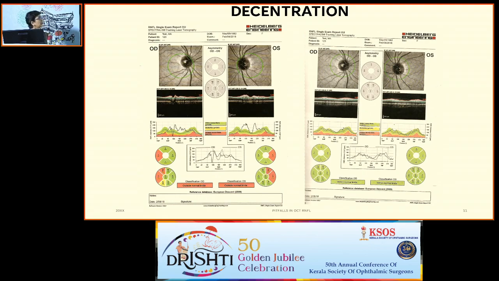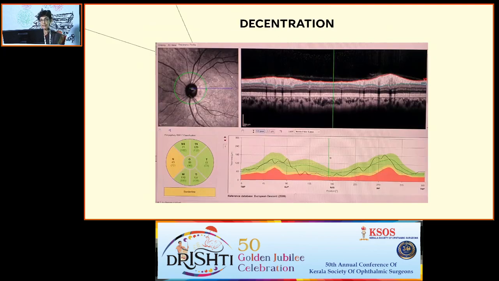So the second mistake you can have is decentration. More than 10% decentration in any direction will lead to abnormalities in the measurement of the RNFL. You know about the ISNT rule. In most of the patients, the inferior rim is the thickest, next is the superior, then the nasal and the temporal.